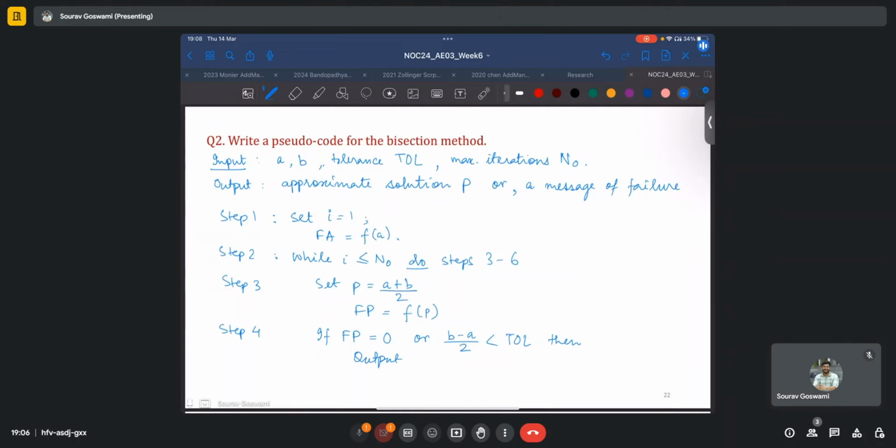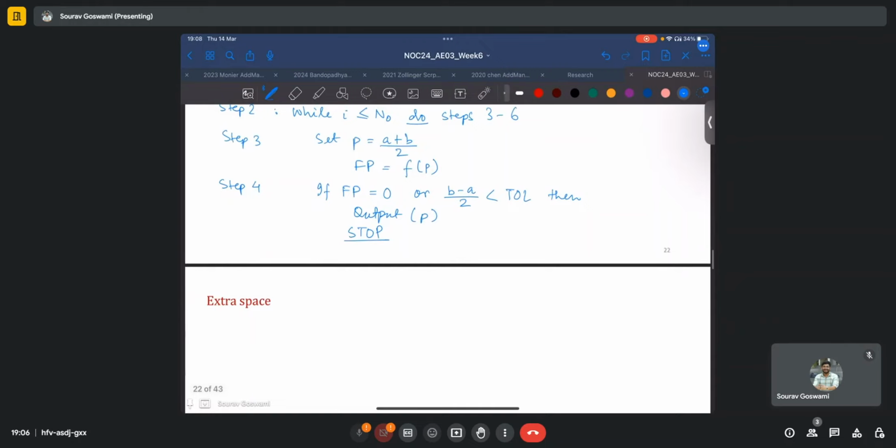Because if f of p is equal to 0, then this is our root, or we have resolved it to our tolerance and do not want to continue further, so we have the approximate root, and thus we stop. Very importantly, if not, we increase the counter, so it did not get solved in this iteration step.